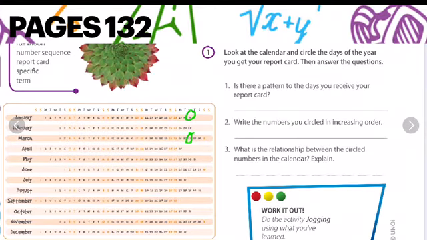On April I receive it maybe at the end. No, I receive it in May. So in May I receive it around May 10th. Then in June I receive it. July I receive it on July the 23rd. In August, no, I don't receive it.